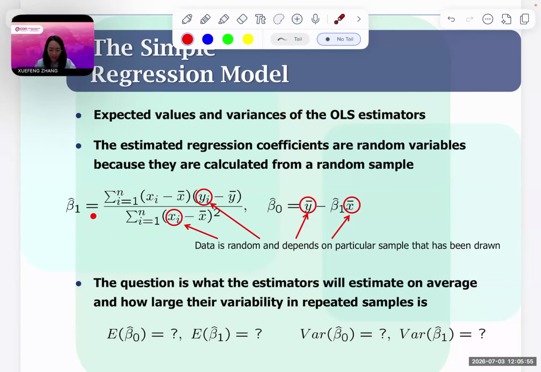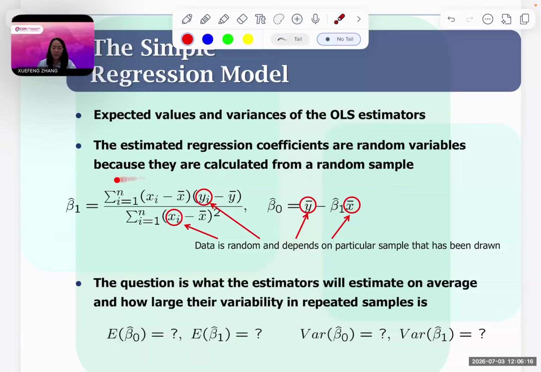Beta 1 hat equals the summation of xi minus x bar times yi minus y bar, divided by the summation of xi minus x bar squared, okay? And beta 0 hat equals y bar minus beta 1 hat x bar.